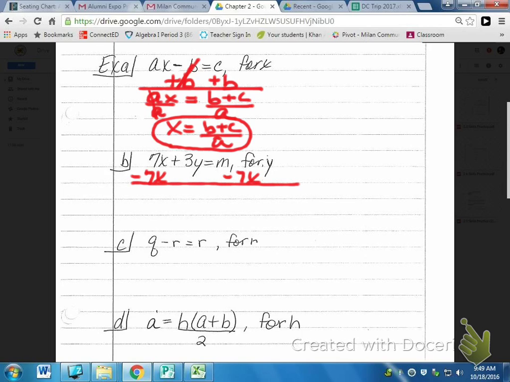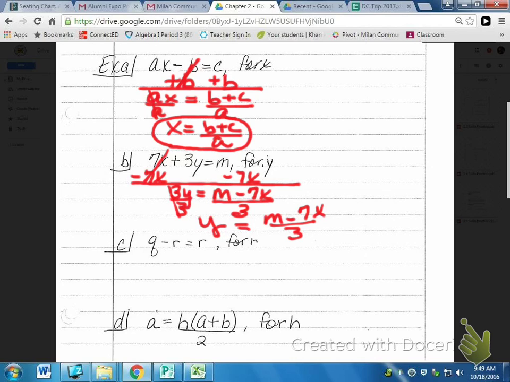Then you bring down 3y equals m minus 7x. Okay. Divide that by 3. And then y equals m minus 7x over 3. Yep. y equals m minus 7x over 3.